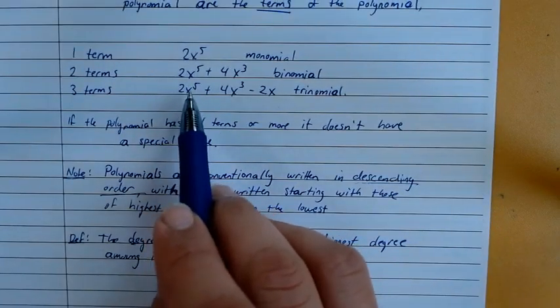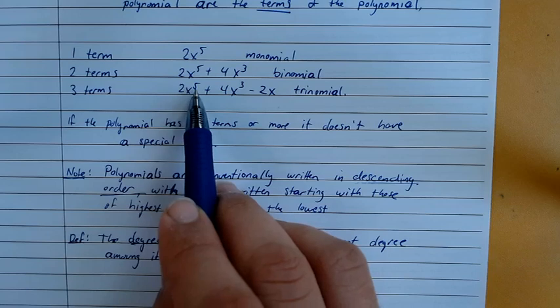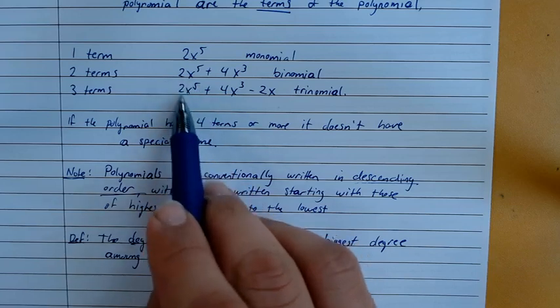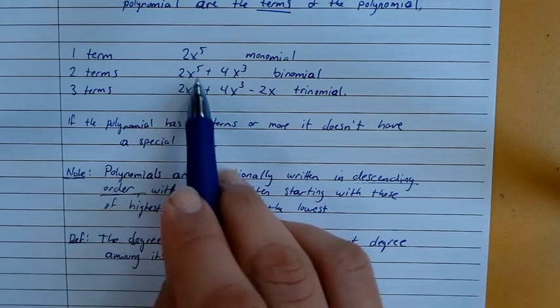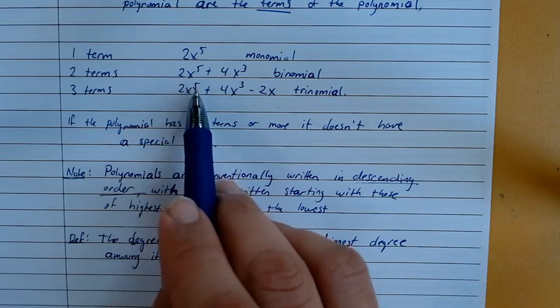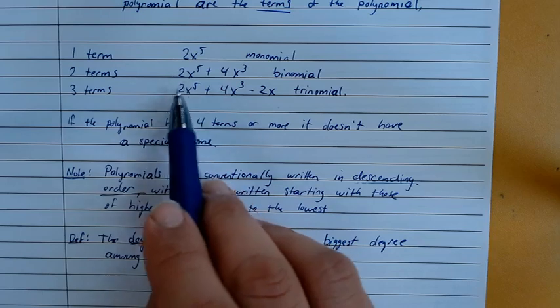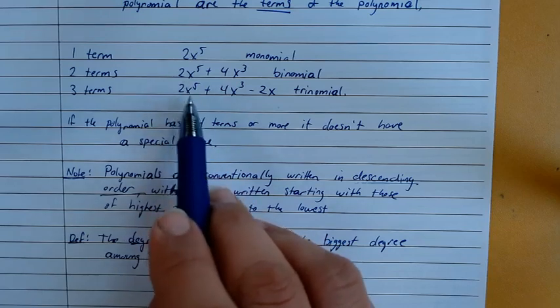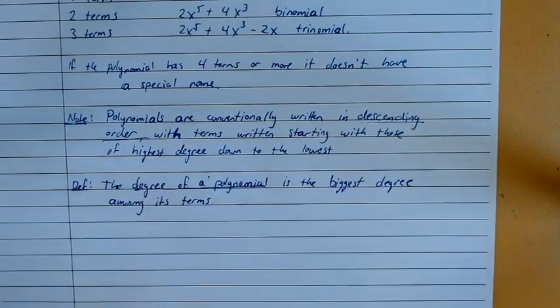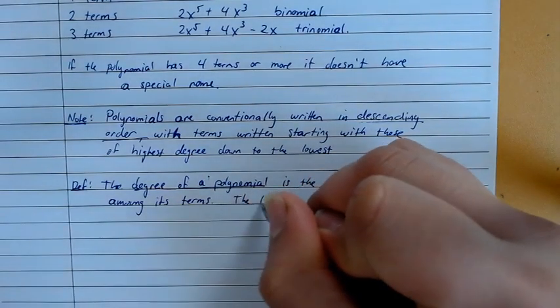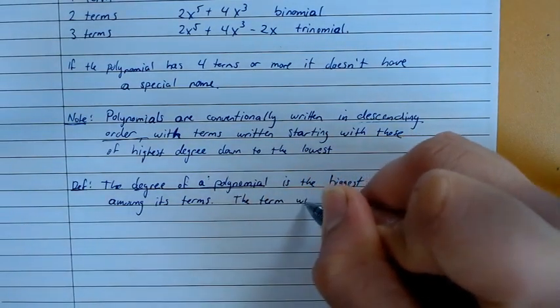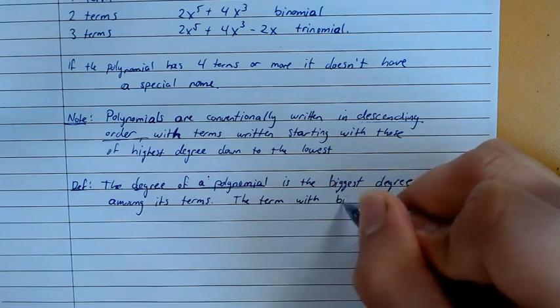Whenever you have the term with the biggest degree, that's called the leading term. Now, usually it's written in the front, hence the name leading term. However, if you write things out of order, it doesn't magically change the degree, or it doesn't magically change things about the terms. So the term that has that biggest degree is called the leading term.